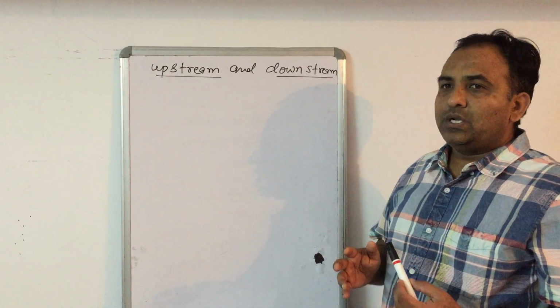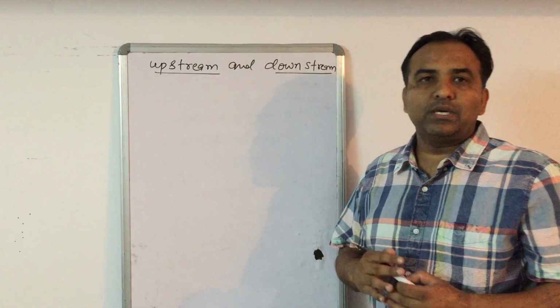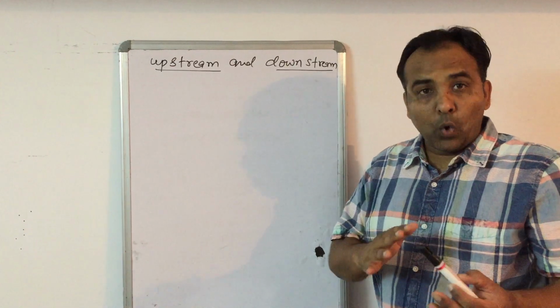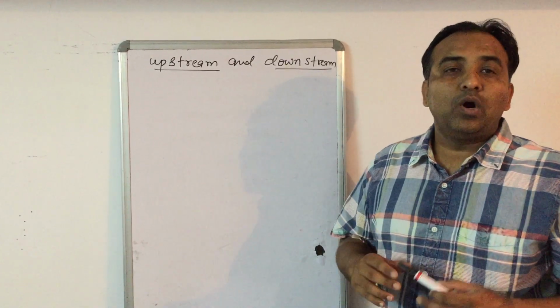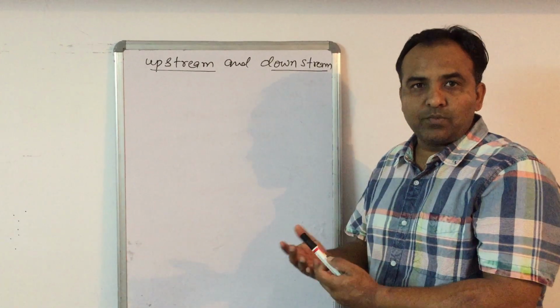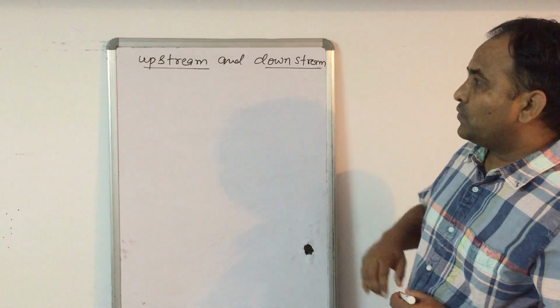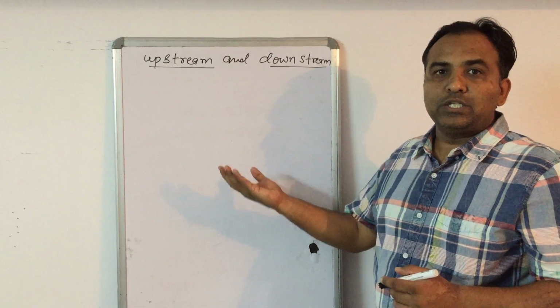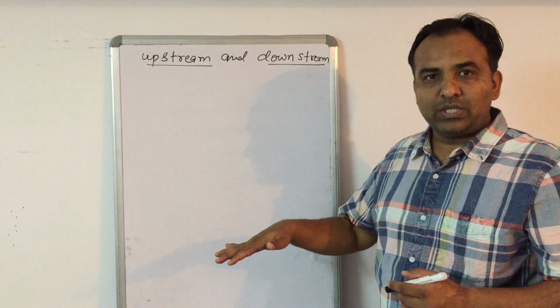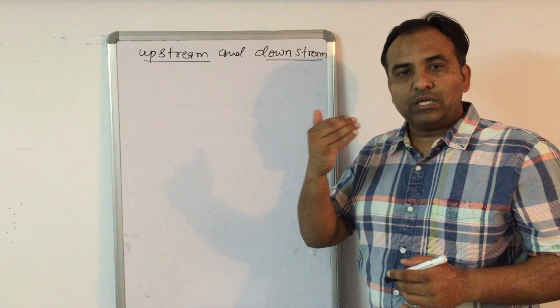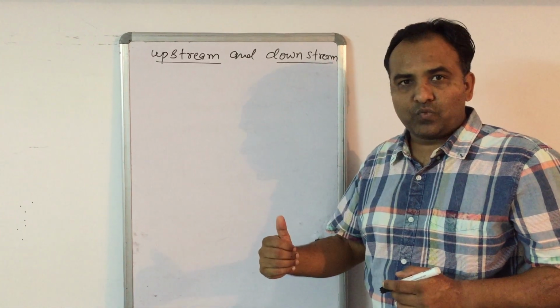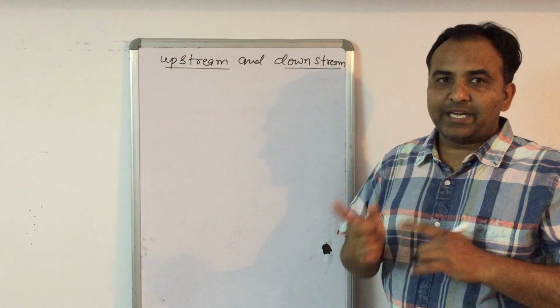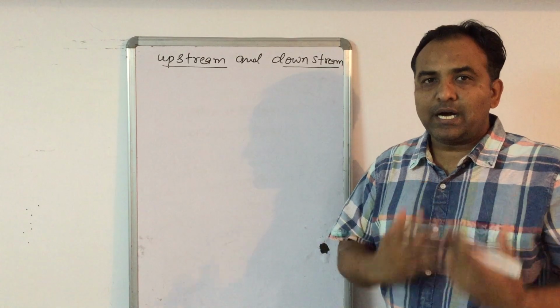For example, when a swimmer swims, a boat moves, or a rower rows his boat in water, if the swimmer or boat moves with the flow of current, the movement is said to be downstream. If the movement is against the flow of current, it is said to be upstream.